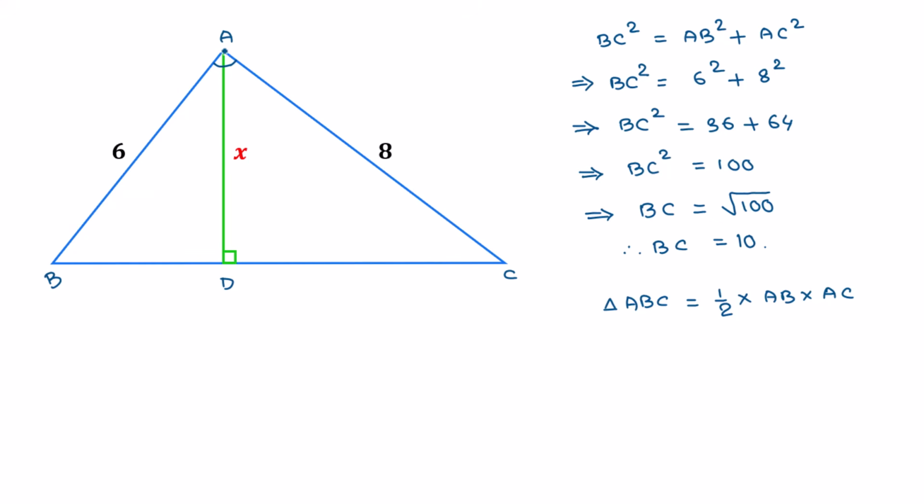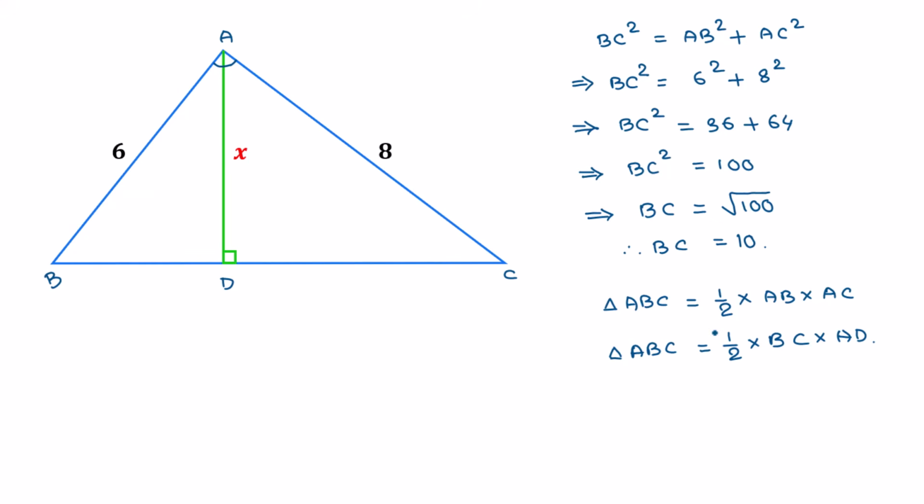But the area of triangle ABC, when the base is considered as BC and the height is considered as AD, is equal to half times base BC times height of this triangle AD. And these two are the area of the same triangle.